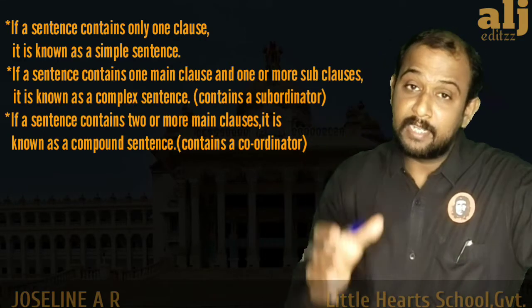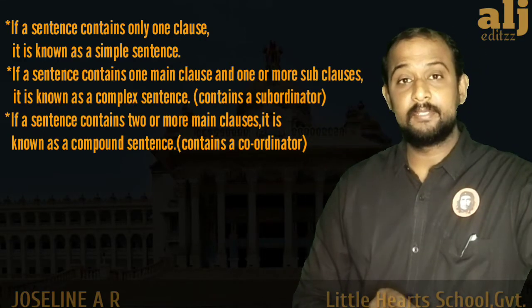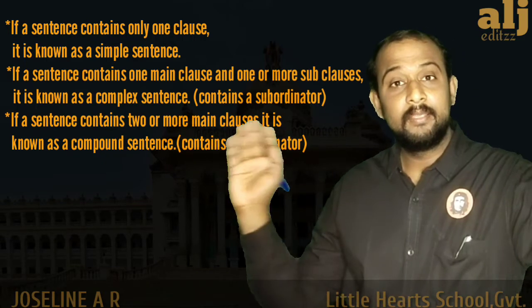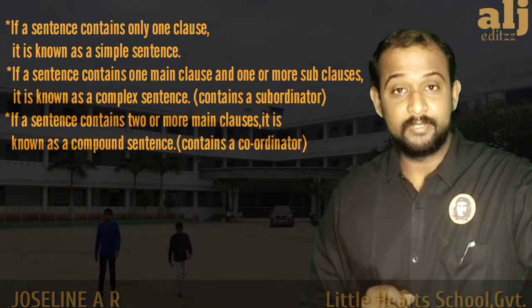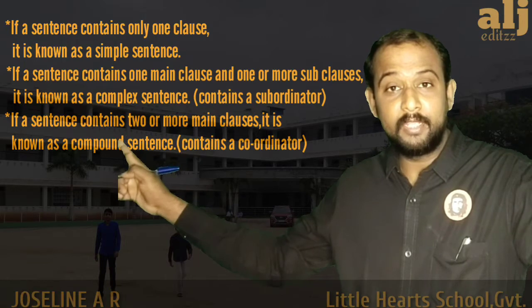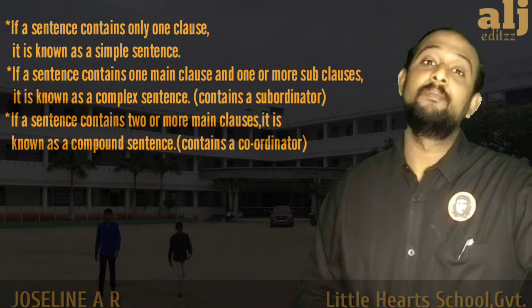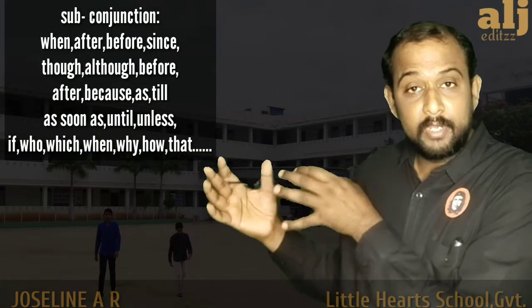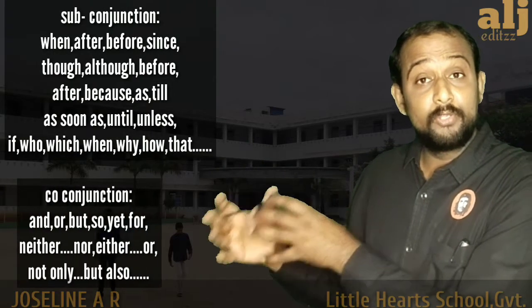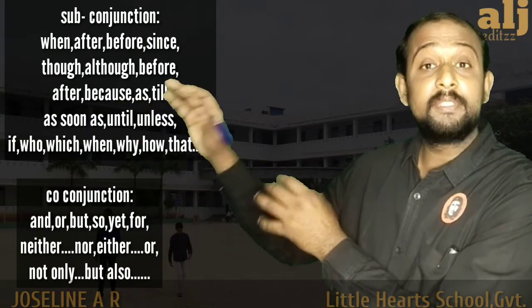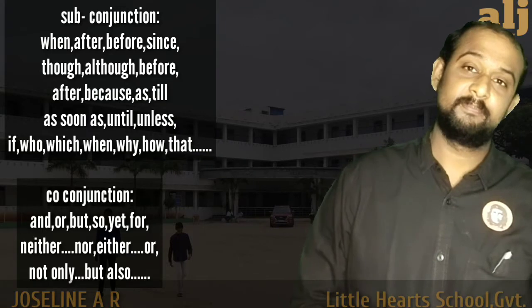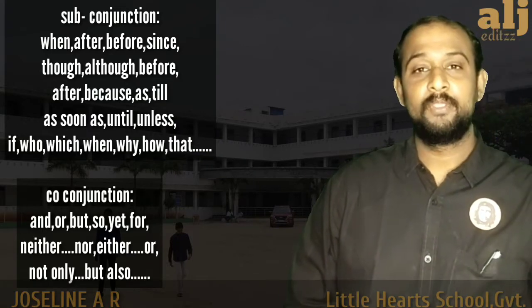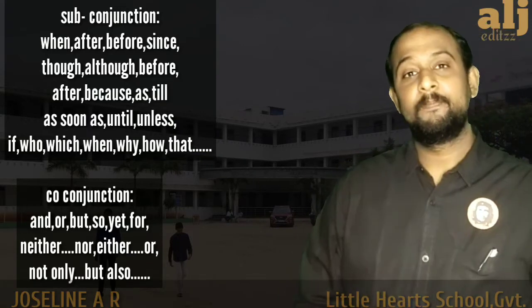And if the sentence contains coordinators, they're called compound sentences. The list of subordinating and coordinating conjunctions is given. Please do practice them, learn them by heart, because only when you know subordinating and coordinating conjunctions will it be easy for you to identify whether the given statement is a complex or a compound statement. I hope you have understood.